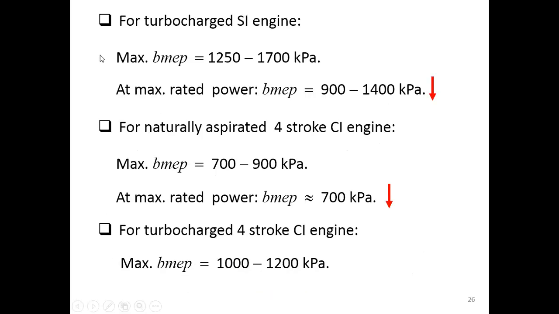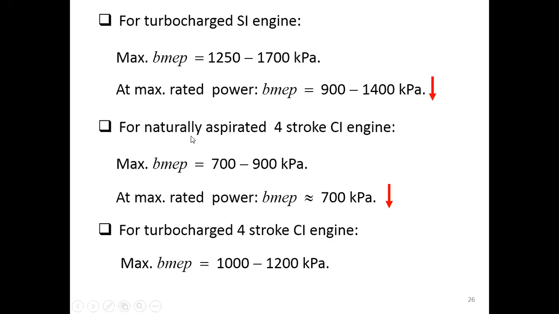For the turbocharged SI engine, the maximum brake mean effective pressure will be around 1250 to 1700 kPa, and at maximum rated power, the brake mean effective pressure will be about 900 to 1400 kPa.